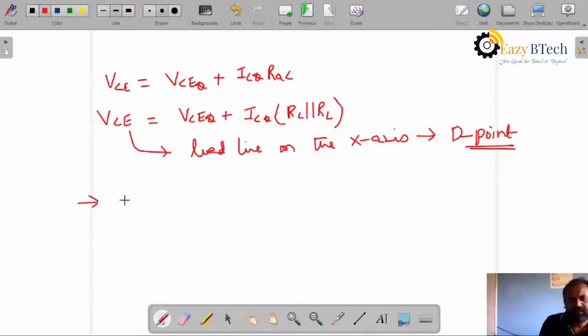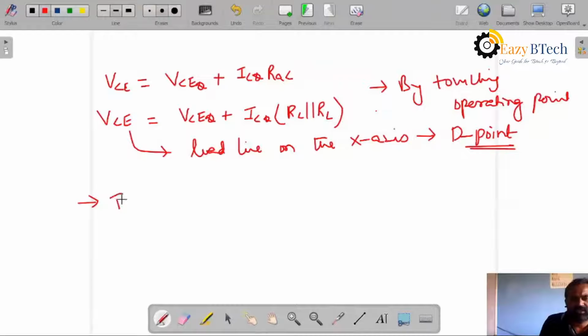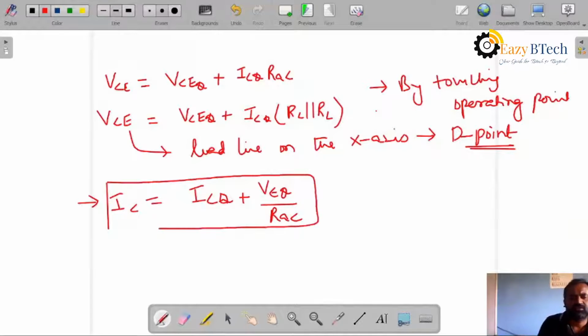Similarly, by touching the operating point, IC is equal to ICQ plus VCEQ by RAC.